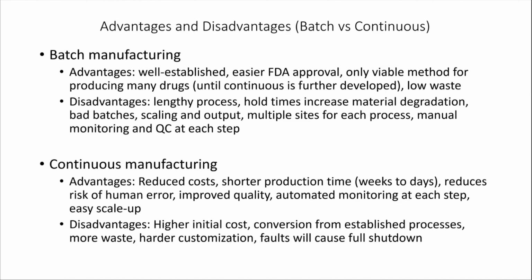So this is a big reason why pharmaceutical manufacturers are scared to go to continuous manufacturing, because if there's one mistake in this very new process, it can shut down the entire line for a couple of days maybe, and that's a lot of revenue that they're losing. So they might want to just stick with what they know.